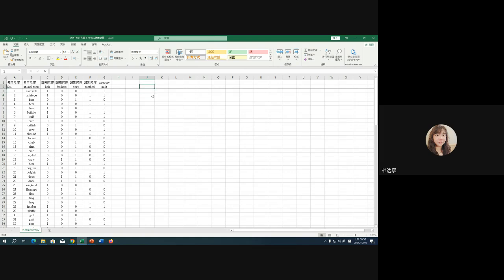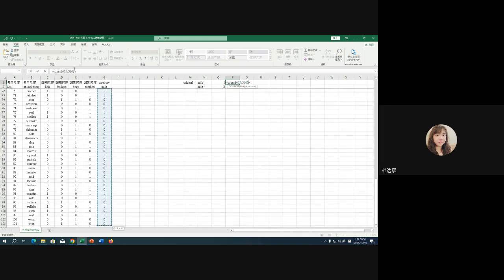So for entropy, first, you have to know the original status. Original milk 1 and milk 2 here. So we want to know how many milk 1 here. We use the COUNTIF for the milk 1.